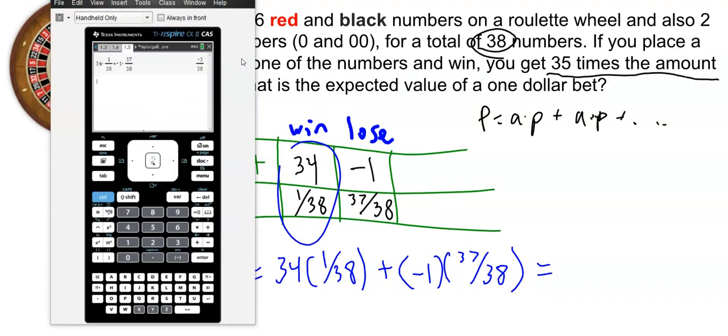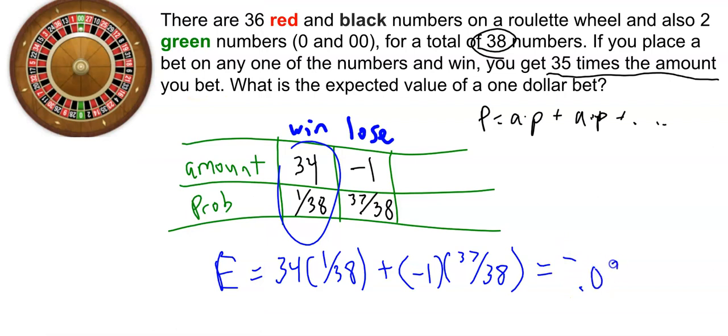I got a fraction, which doesn't mean a whole lot to me. So I'm going to copy and paste this and hit Control Enter, and it gives me a decimal. So negative, I'm going to round that to make it money, negative 0.08. So every time I bet $1, I lose about 8 cents, losing about 8% of my money every time I play this game.